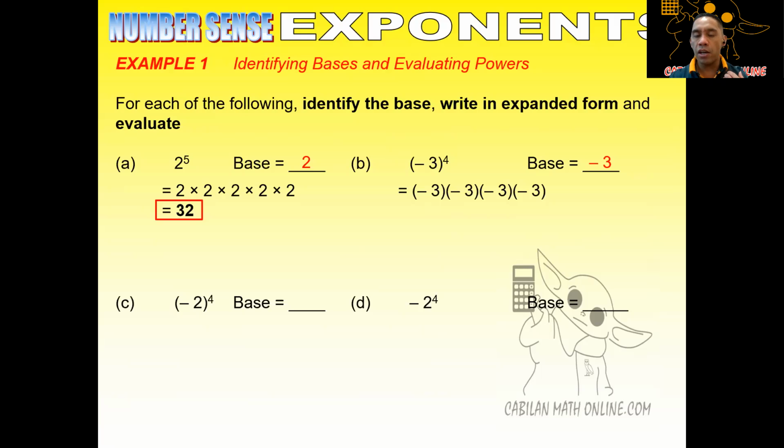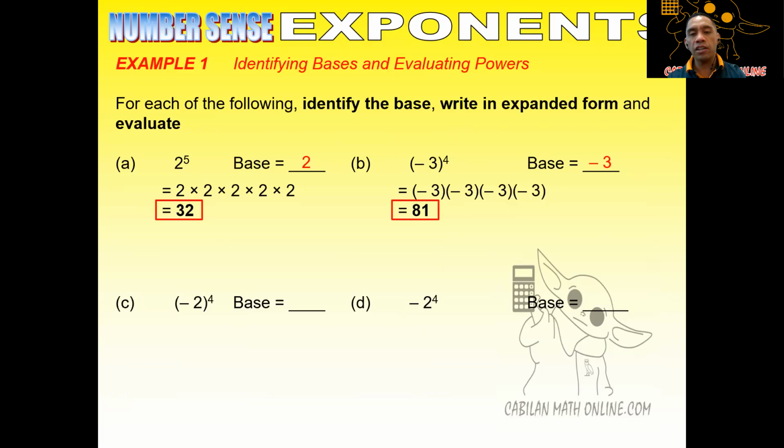Okay, if your base is a negative and your integer is odd, for example, 1, 3, 5, 7, 9, etc., then your answer will always be negative. Okay, so that's just a little bit of a shortcut. Okay, and from there, when you multiply -3 4 times, that resulting answer will be 81.